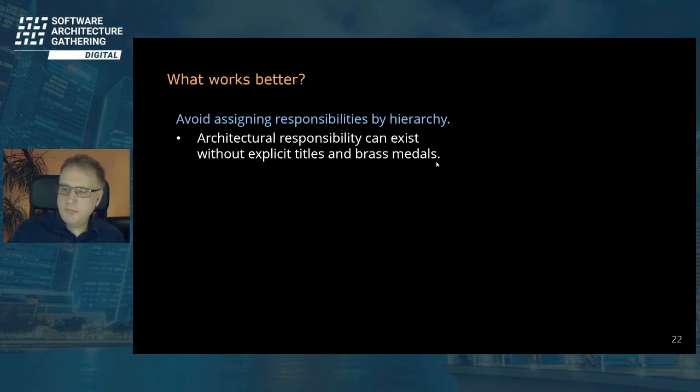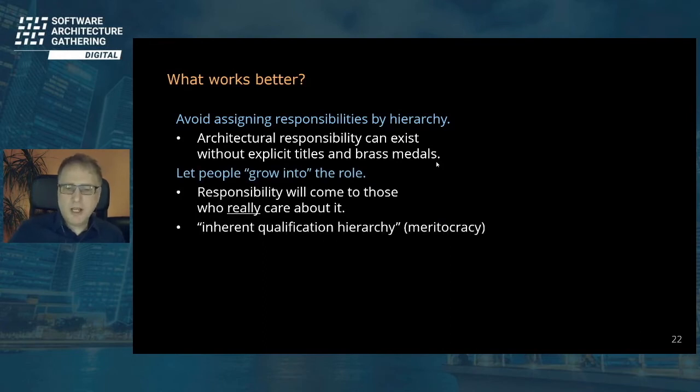So it's completely okay that there is architectural responsibility out there without a certificate or without medals or without explicit titles, as long as people know their job. It completely works. So the other thing is hire developers, let them grow into the role of an architect. So responsibility for architectural things will come to those who really care about things.